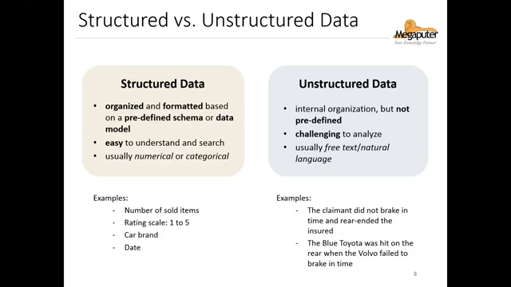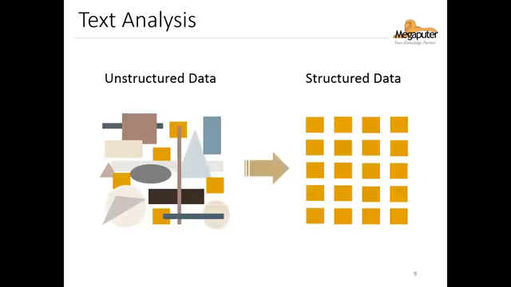So we need to extract that information from the text in a format that is more easily understandable and searchable by the computer. So really, the goal of unstructured data analysis is to turn the unstructured data into structured data so that we can perform structured data analysis on it.